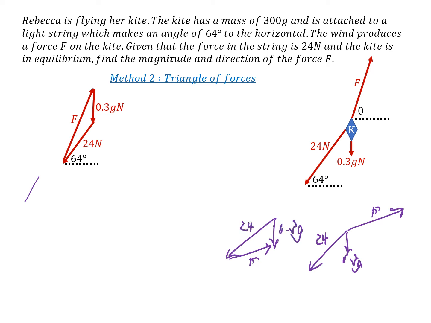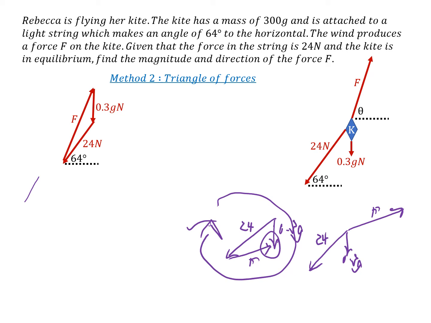The problem with this is that it's not a triangle of forces because the forces do not go round in the same direction. These two are in opposite directions. So that wouldn't be the right triangle of forces to use.